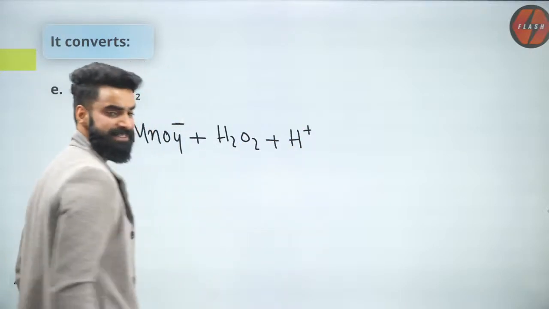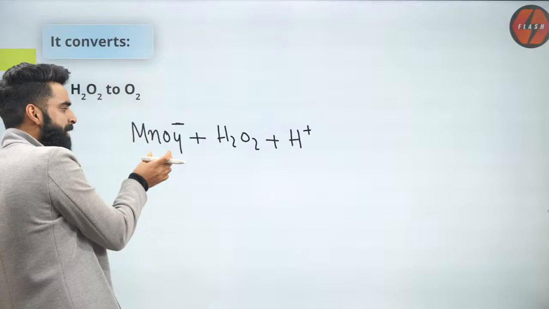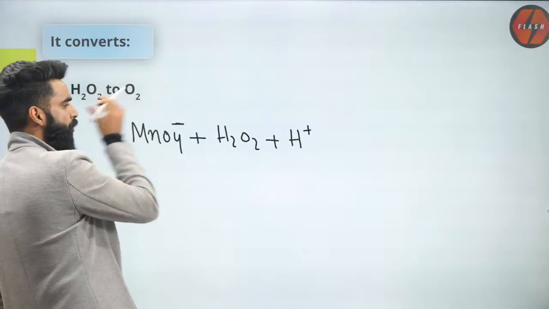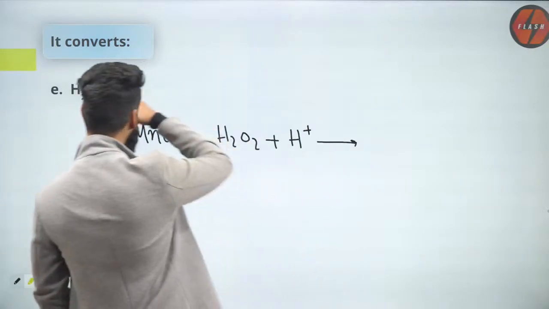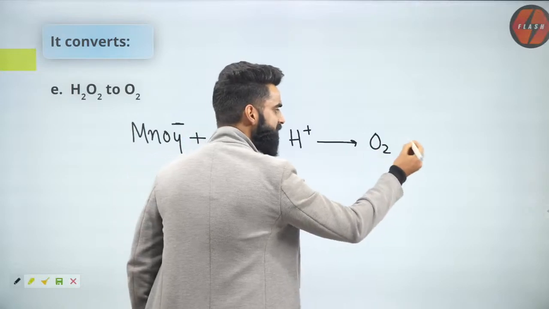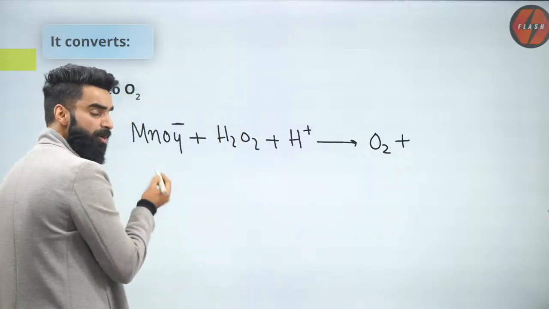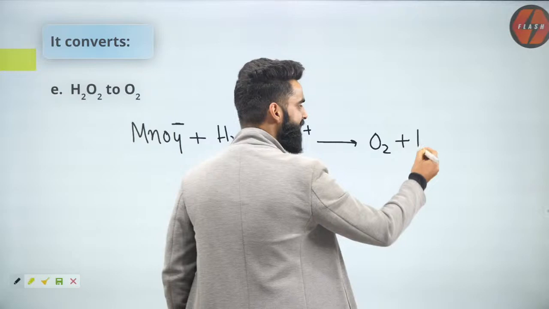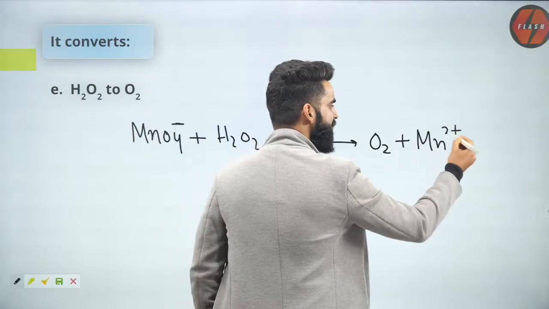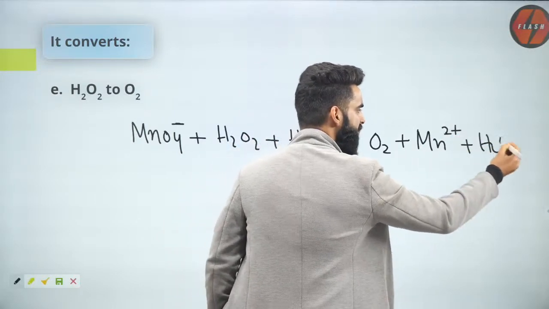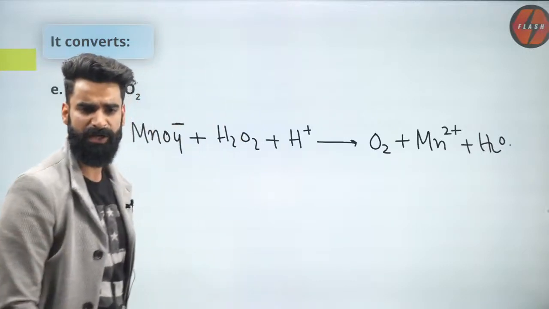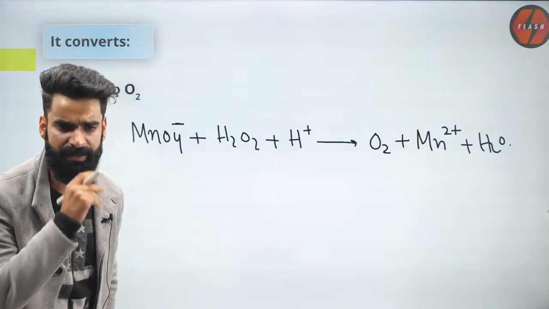This H positive represents acidic medium, okay? The same MnO4 negative converts H2O2 in acidic medium to oxygen, and at the same time this MnO4 negative in acidic medium, we know, gets converted to Mn2+, right? And with this it will give some water as well.